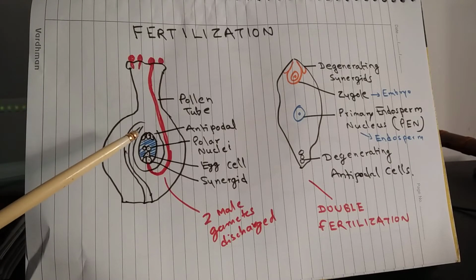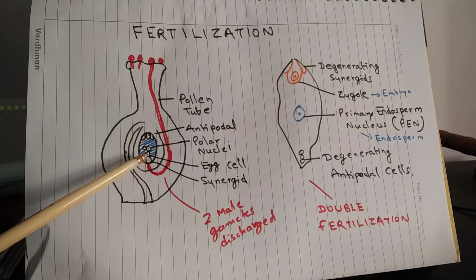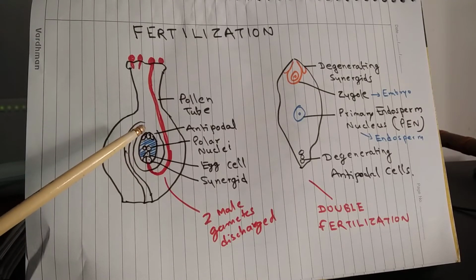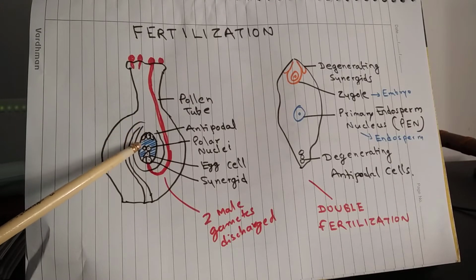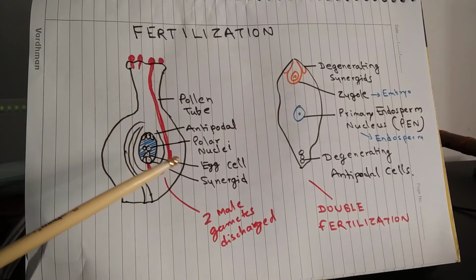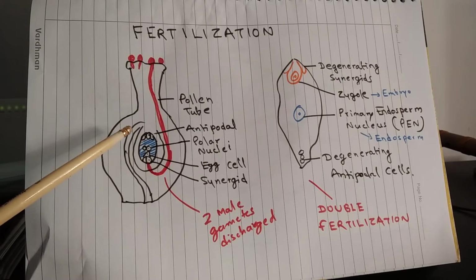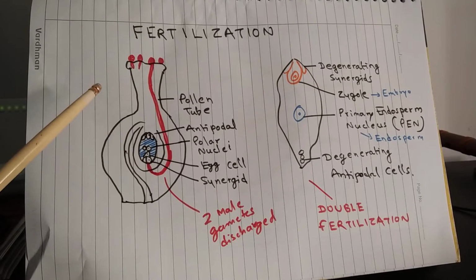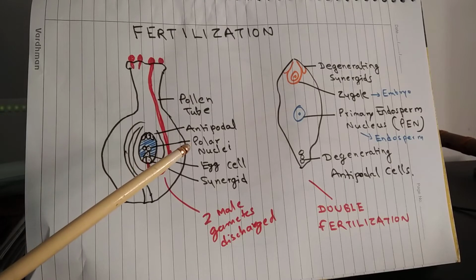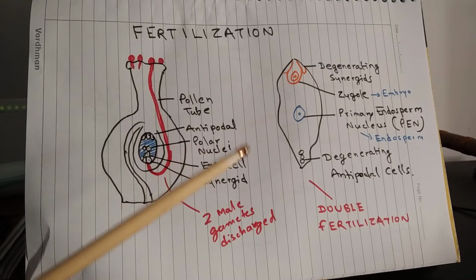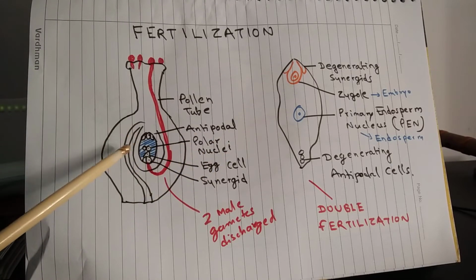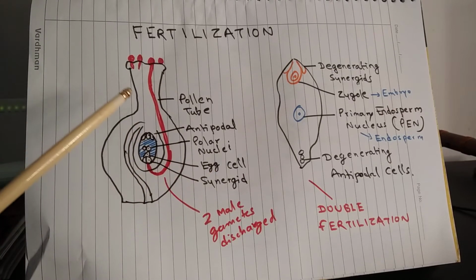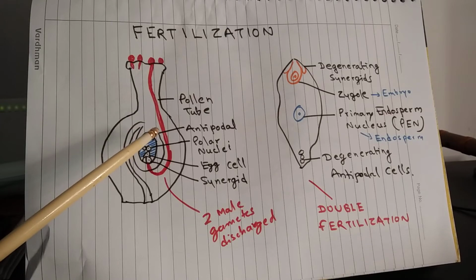Since there are two fusions, or fusions of four cells, you can say two pairs of cells, this is called double fertilization, and double fertilization is an event which is unique to angiosperms. After one fertilization, the zygote is formed, and from the second fertilization, the primary endosperm nucleus is formed.